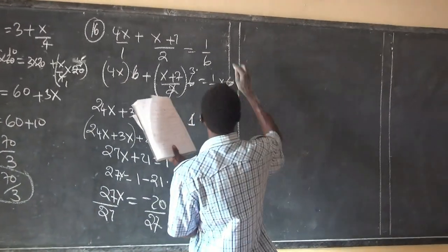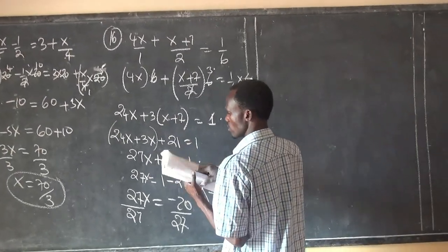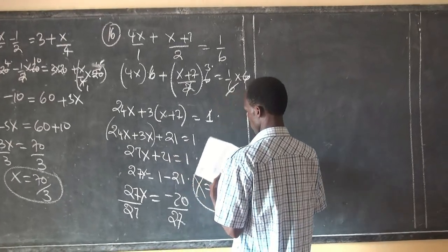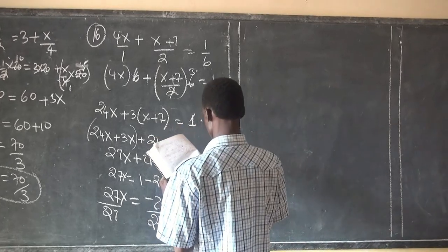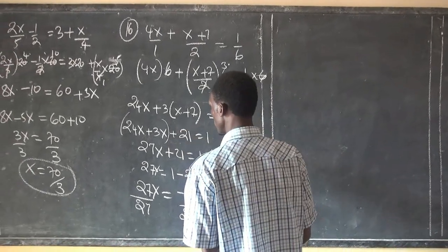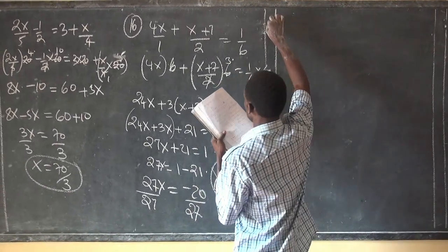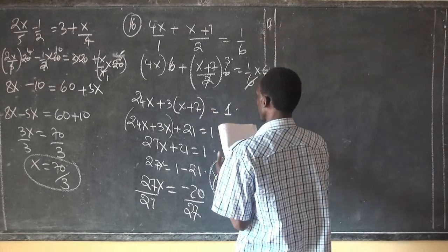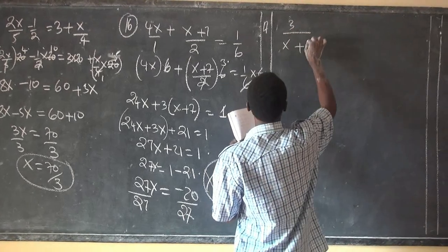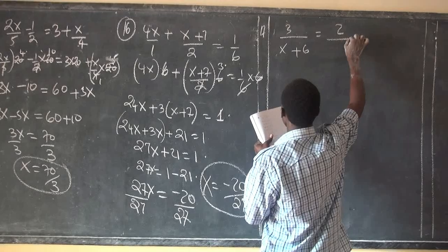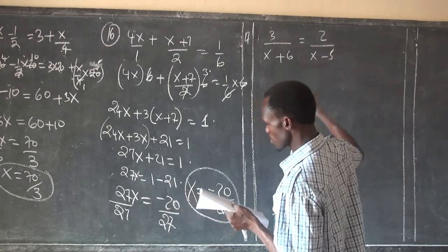Example number 17: 3 over x plus 6 is equal to 2 over x minus 5. Now you cross multiply.